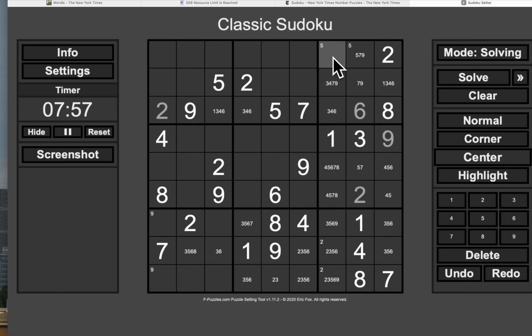Let's see, this cell is not 1, 2, 6, or 8. So this is 3, 4, 5, 7, or 9. Well, I have not 8, 9. Let's see. If that's 7, that's 9, and that's a 5. If this is 5, I don't know what this is.